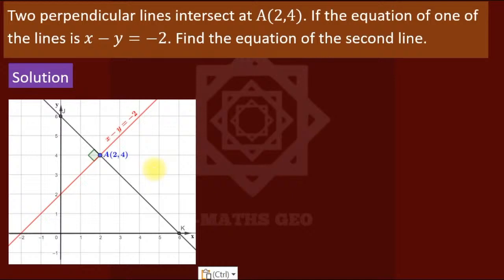Let's call the first line L1, and the second one L2. Once we know the slope of the first one, we can know the slope of the second one.